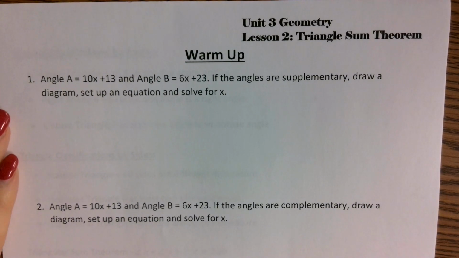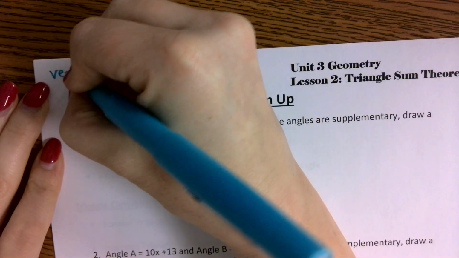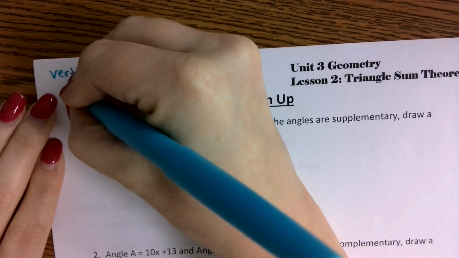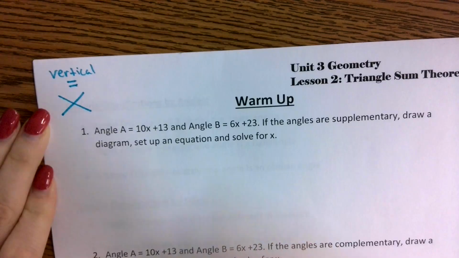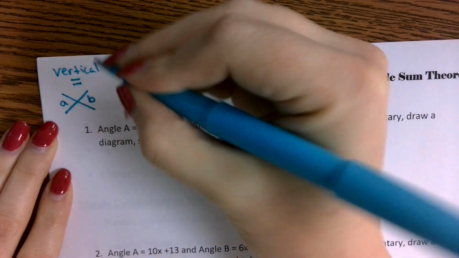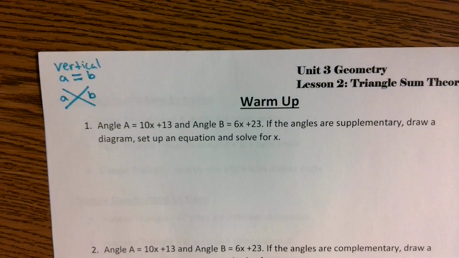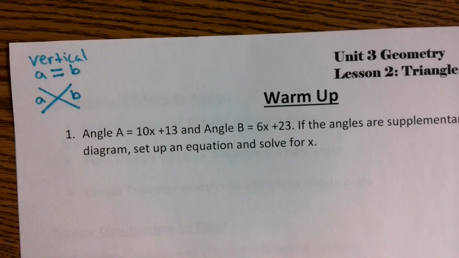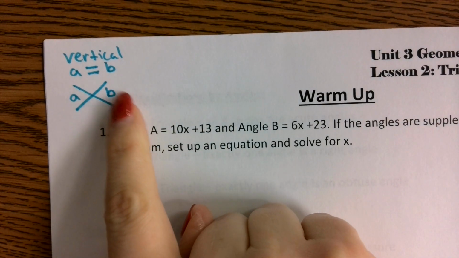When we talked about vertical angles, those were angles that were equal to each other, and you tended to see intersecting lines where this angle is A, this angle is B, and A is equal to B. Make sure you have that written down so that you can remember that.